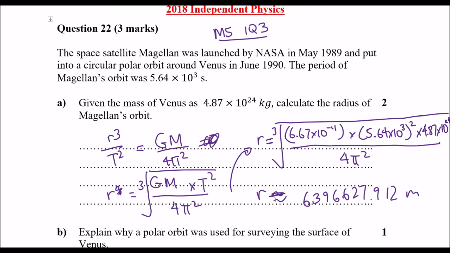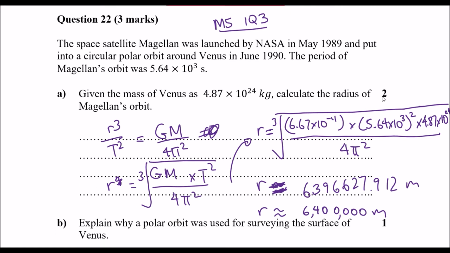That's exact, so forget about the round off. If I was to round it off to 3 sig figs, that's the length of the orbit. It's about 6.4 million meters.